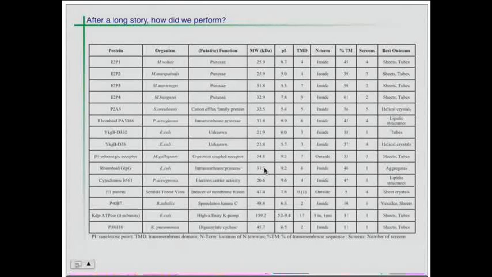So in fact, the success rate in obtaining either sheets or tubes is very high. The success rate of obtaining diffracting crystals so far is about 30%. The success rate of getting diffracting crystals plus sheets and tubes is about 80%. In very few cases, we get aggregates, like here with this particular rhomboid.